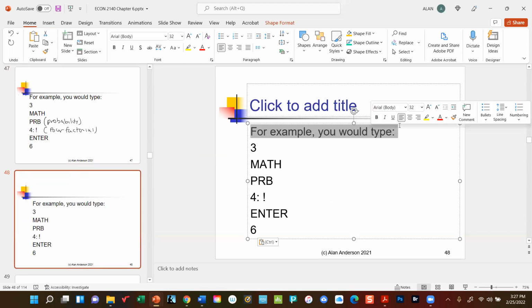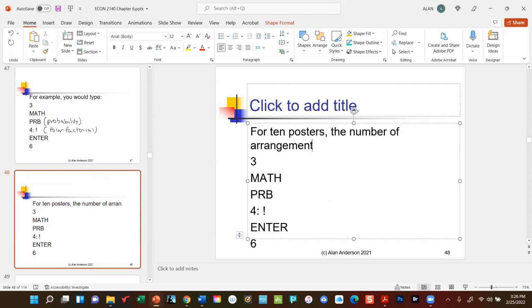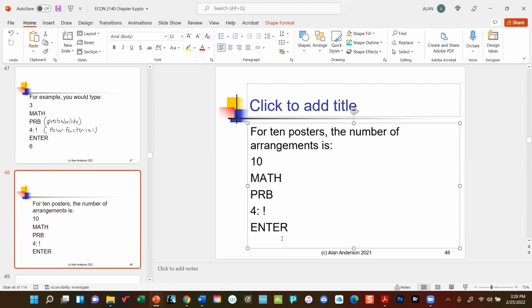So for 10 posters, the number of arrangements is, so you just change this 3 to a 10, and you're not going to get 6, that's for sure. Let's see how gigantic that is.